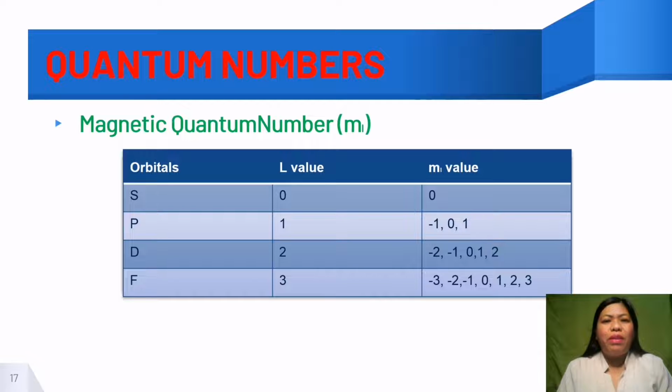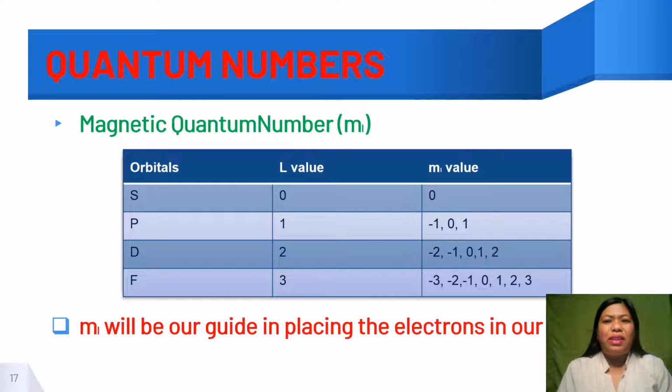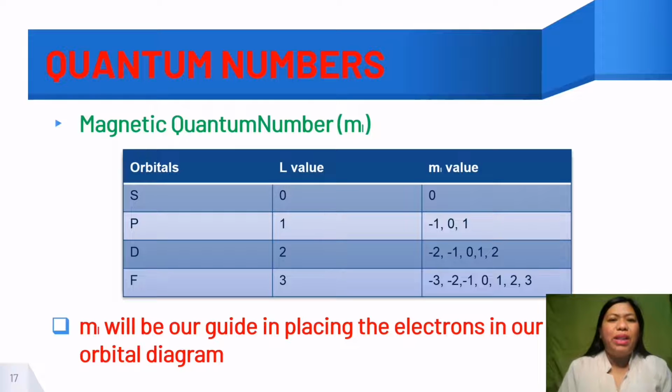m sub L will be our guide in placing the electrons in our electron orbital diagram. The f orbital has an L value of 3. The m sub L values are negative 3, negative 2, negative 1, 0, 1, 2, and 3, as it has 7 orbitals.